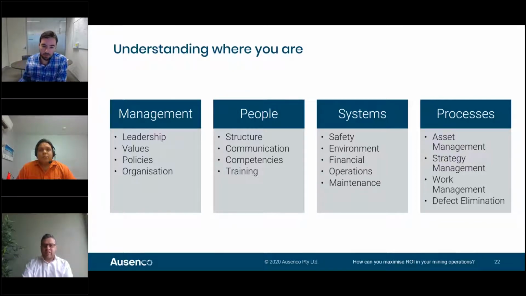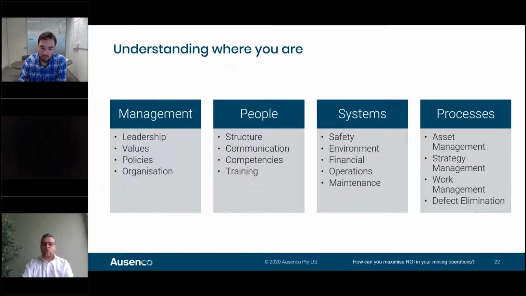and are they prepared and properly addressed within the organization. Systems is a key part of any organization, because when you want to put your processes together, you need systems that support them and are actually tailored to what the organization needs. And of course, those systems go into several different aspects, safety and environment being of utmost importance for any company.